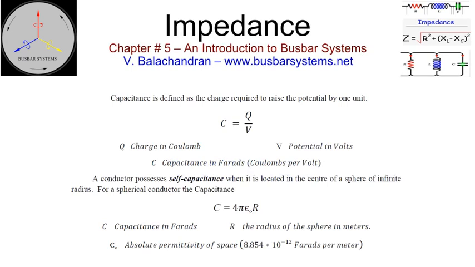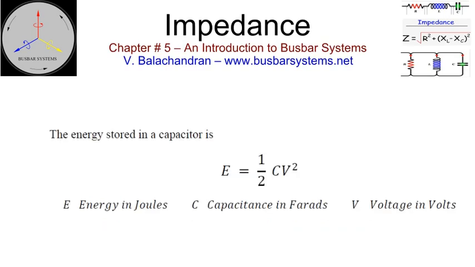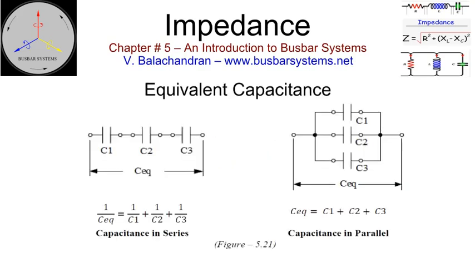Capacitance is defined as the charge required to raise the potential by 1 unit. A conductor possesses a self-capacitance in isolation and in the vicinity of another conductor will have a mutual capacitance. The energy stored in a capacitor is proportional to the capacitance and the square of the voltage across it. The formula for equivalent capacitance when connected in series or parallel is as displayed in Figure 5.21.